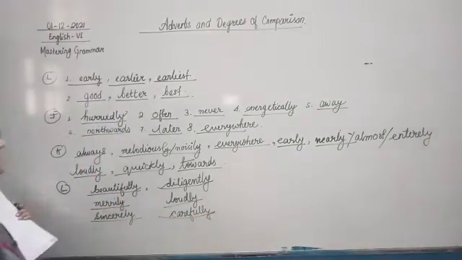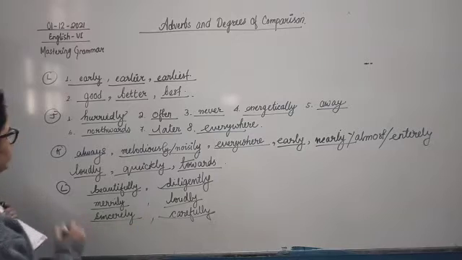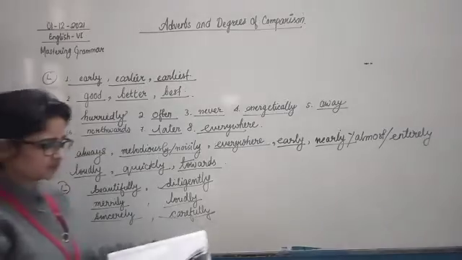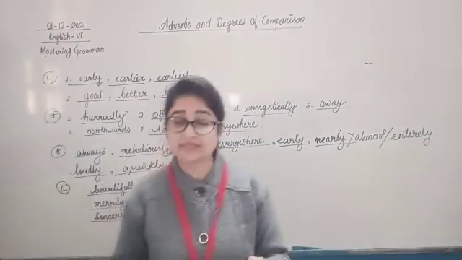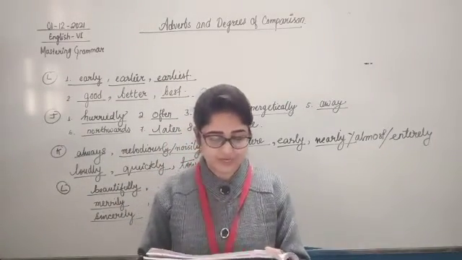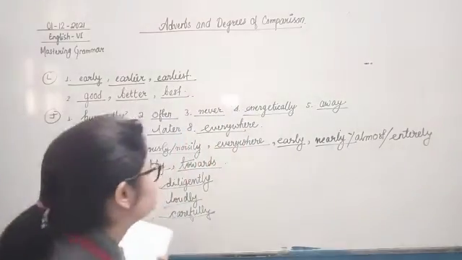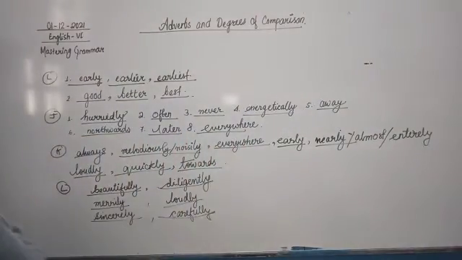Okay, children? So we have finished an exercise. And now we can use these words. We can use the correct words, fill in the blanks with correct words from the brackets. In the same exercise, we have these questions. Now let's do that. I hope you are done with this, children.